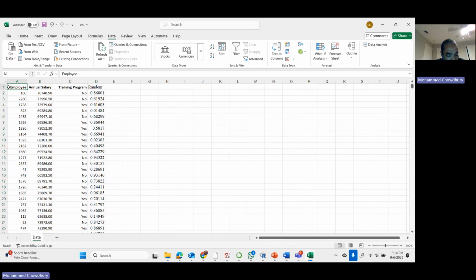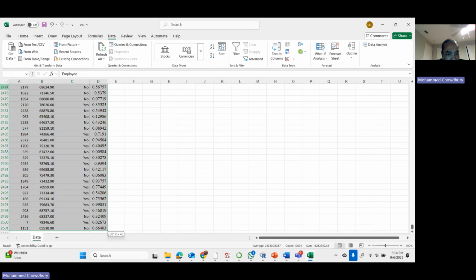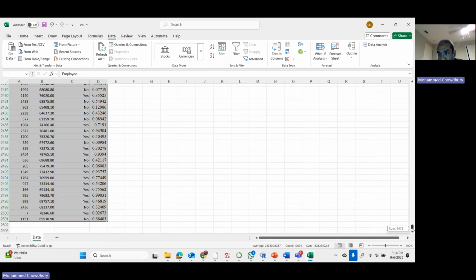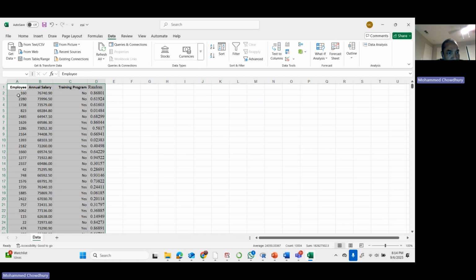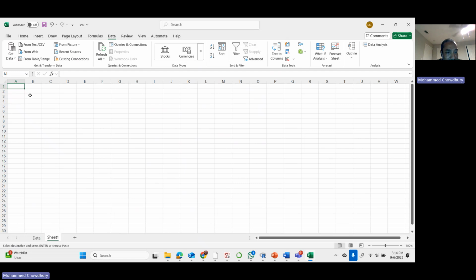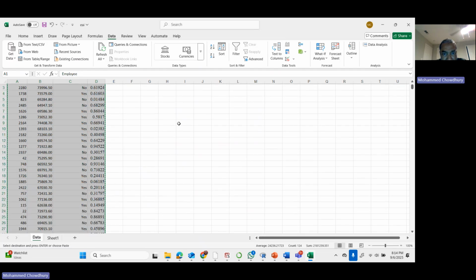From there, I want to randomly select 30 rows. These are my 30 rows, and I want to put them in here.